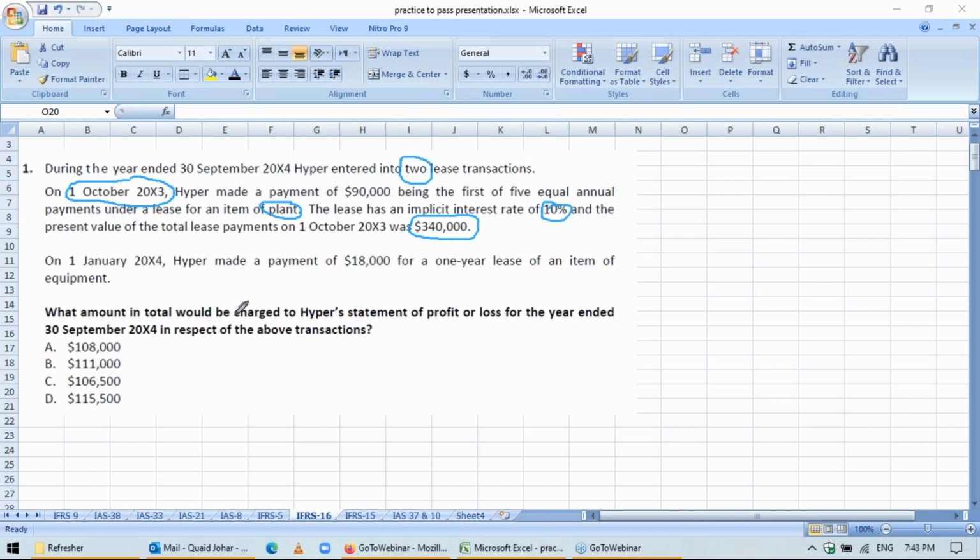Right? So what are they asking about? What amount in total would be charged to the statement of profit and loss? So as discussed in that correction of error question in IAS 8, you have to charge depreciation expense and financial charge. So let's first calculate depreciation expense and financial charge.